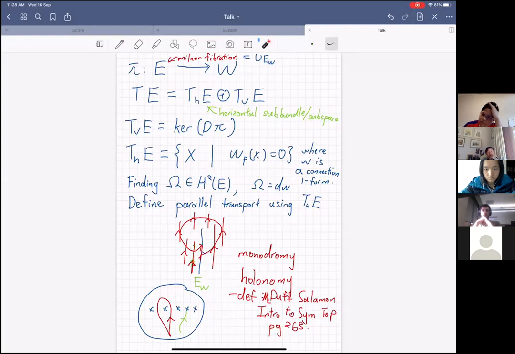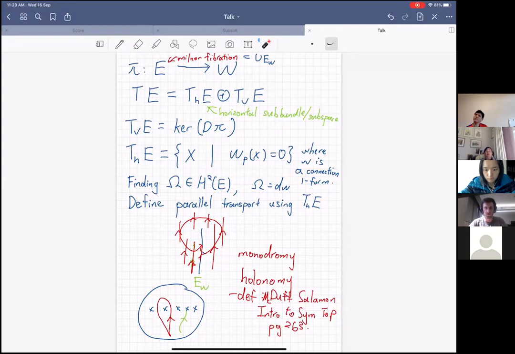There's a unique lift of the tangent to the curve in the base space to the horizontal vector field on the bundle. That's correct. And then there's a unique solution to the ODE that the derivative of the path is the horizontal vector you've just lifted.